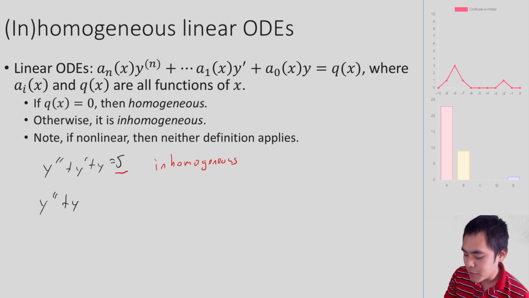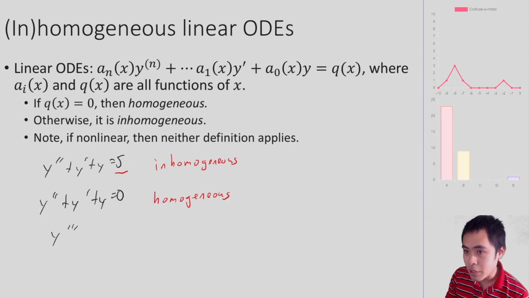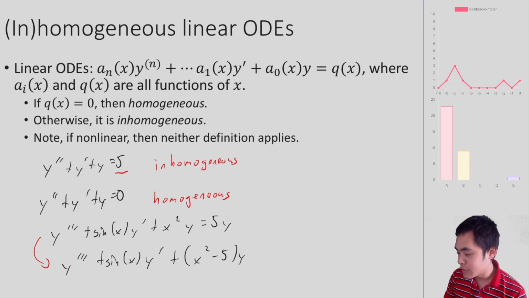But y double prime plus y is equal to 0 is, of course, homogeneous. And lastly, you do sometimes have to rewrite things. If you had y triple prime plus sine x y prime plus x squared y is equal to 5y, you can rewrite this into y triple prime plus sine x y prime plus x squared minus 5y is equal to 0.